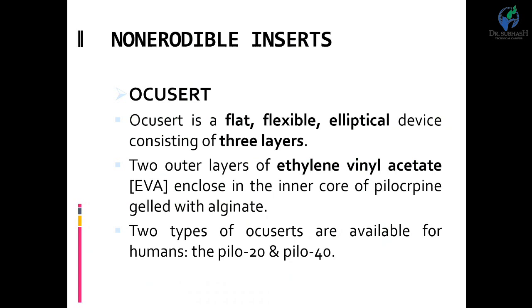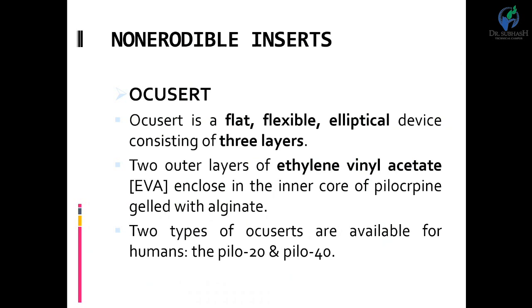The first is the non-erodible insert. For that, the example is the OcuSert. The OcuSert is a flat, flexible, elliptical device consisting of 3 layers, and is the most widely used. The two outer layers, upper and lower, are made up of ethylene vinyl acetate, enclosing the inner core.